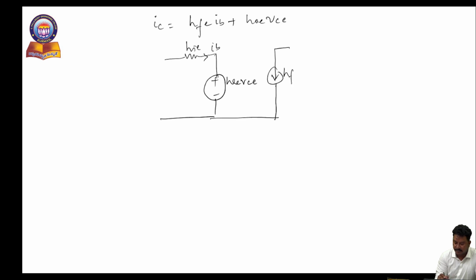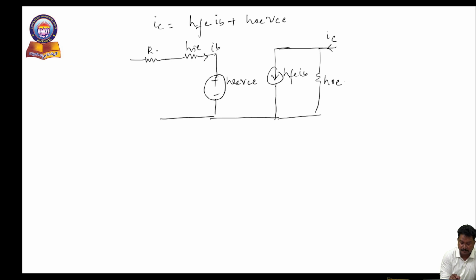This is HFE IB, and this is HOE, where this is IC. If any external input resistance is there, it is defined as RS. If any external output load is there, it is defined as RL.